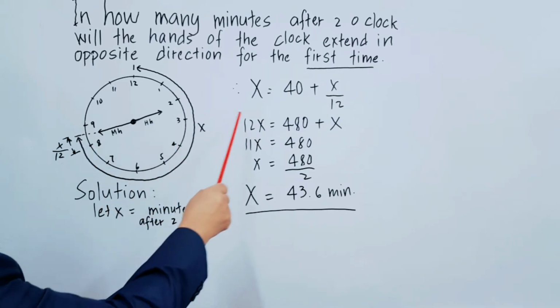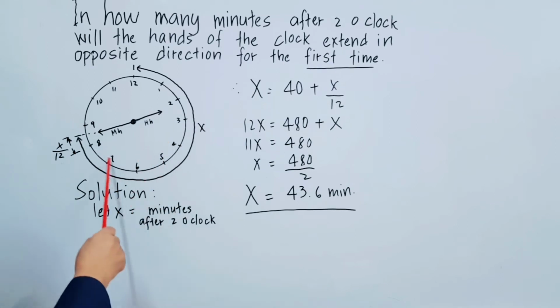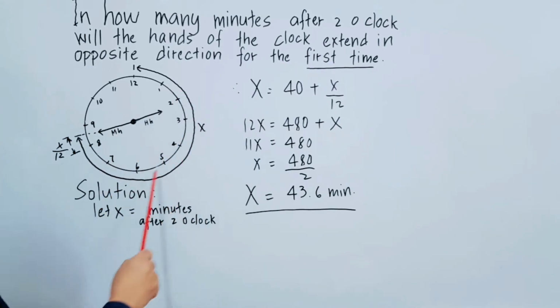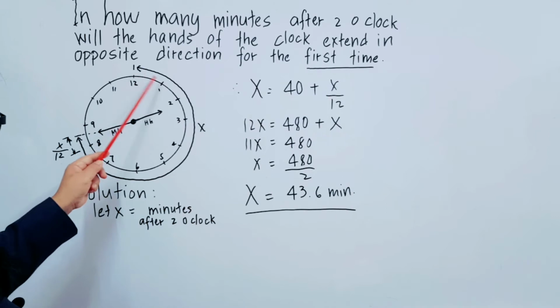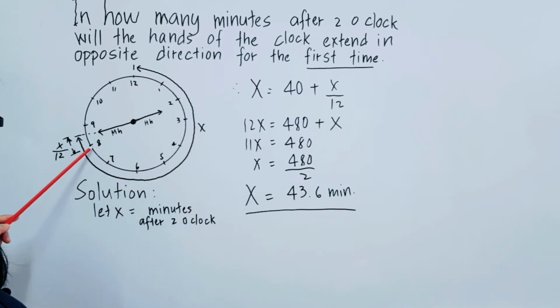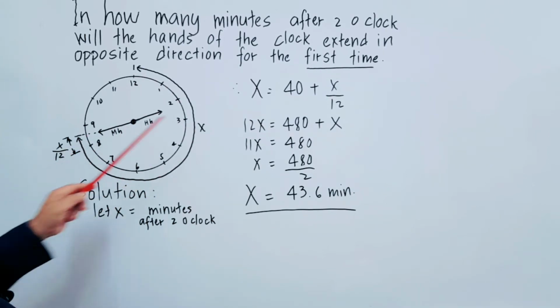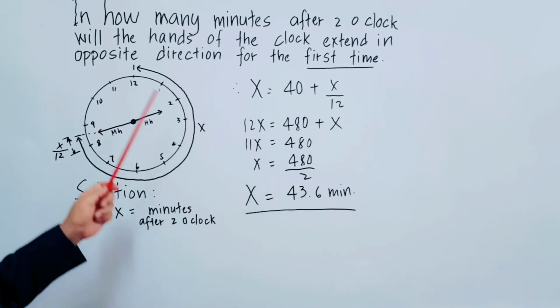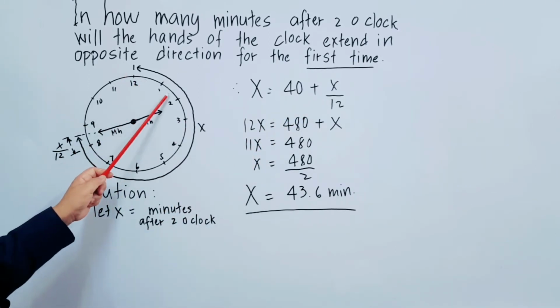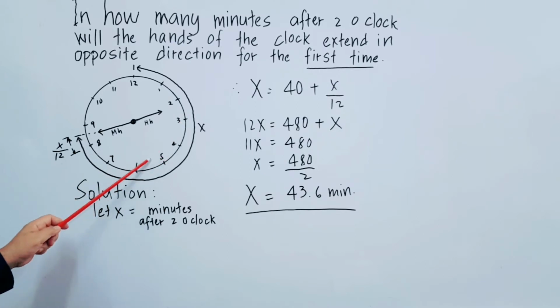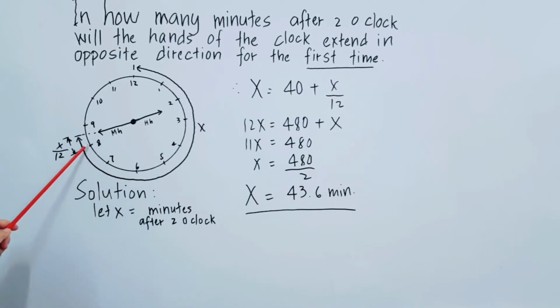So, here, we can see from the diagram that x is equal to 40 minutes plus x over 12. Why 40 minutes? Because from here, this is 5, 10, 15, 20, 25, 30, 35, 40. So, until here is 40. Plus, this one, till where the minute hand is, we designate as x over 12 because there are 12 hours in one round.